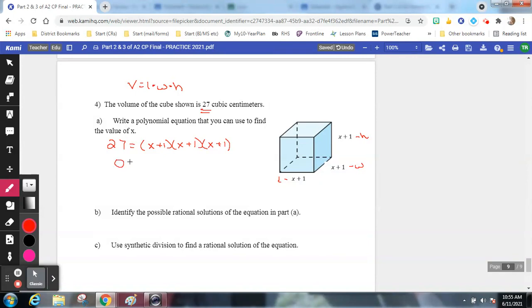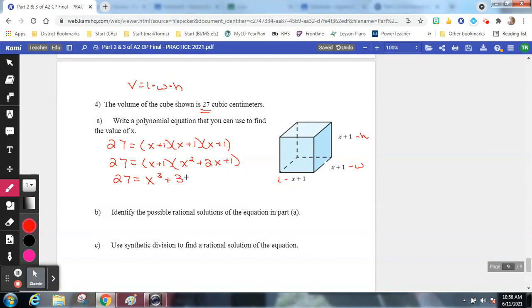So we have 0. Nope, I'm sorry, we don't have 0. We have 27 equals, when you multiply all this out, you would do 2 at a time. So I do x plus 1, and then I multiply the back 2, x squared plus 2x plus 1, and then I can multiply the x plus 1 in there.